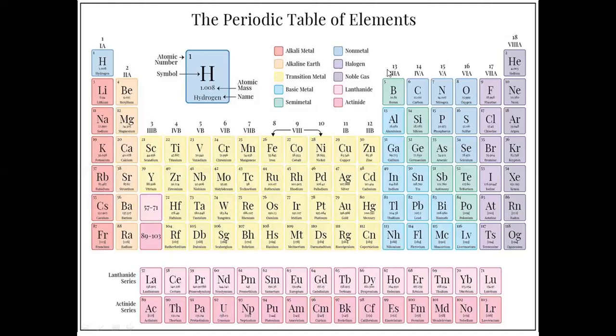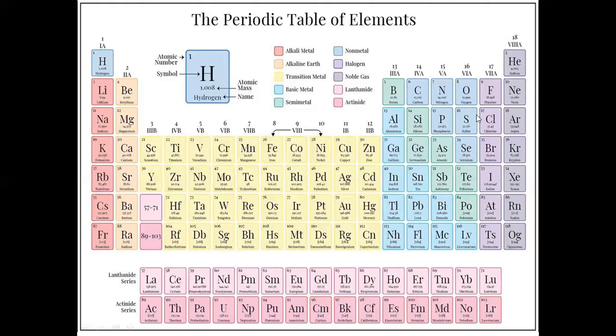That is the periodic property. Going down, the number of shells will increase by 1. If you go from left to right, the number of electrons in the valence shell will increase by 1 each time. So these are periodic properties of the elements because we arrange them according to their atomic number.